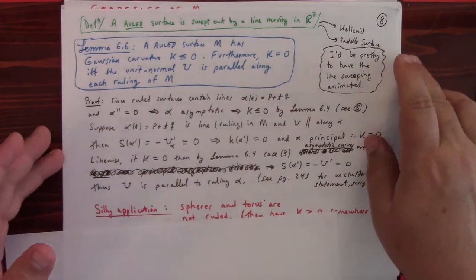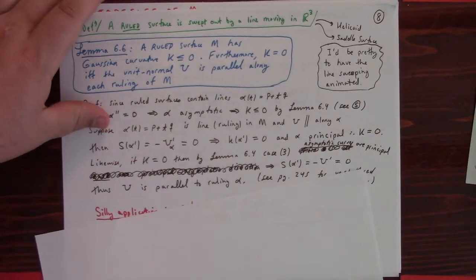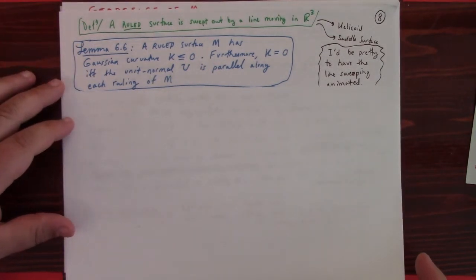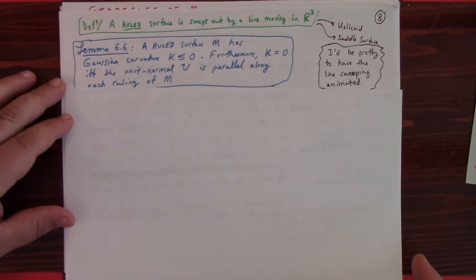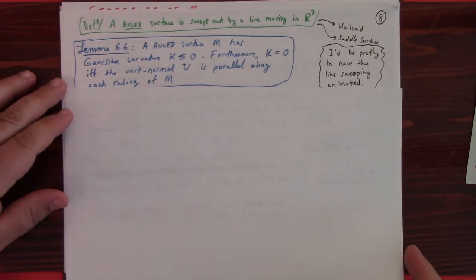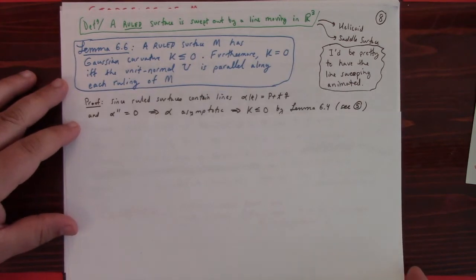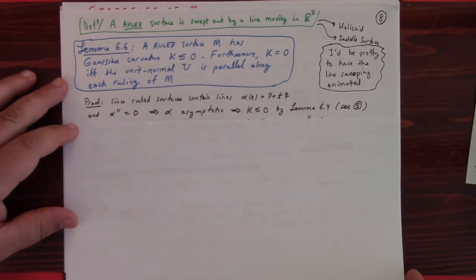Anyway, moving on here. A ruled surface M has Gaussian curvature which is non-positive. And it's 0 if and only if the unit normal is parallel along each ruling of M. Since ruled surfaces contain lines, of course the acceleration of a line is 0, which means that the lines are asymptotic curves.